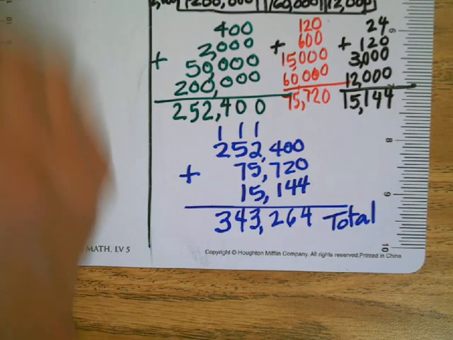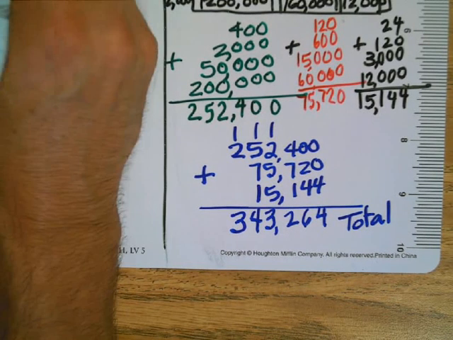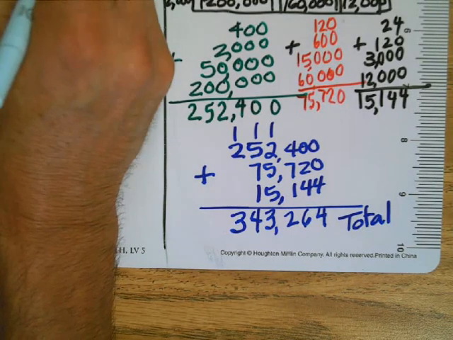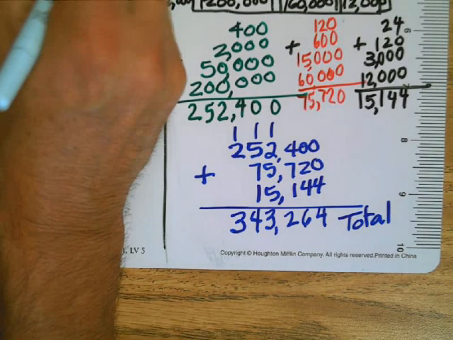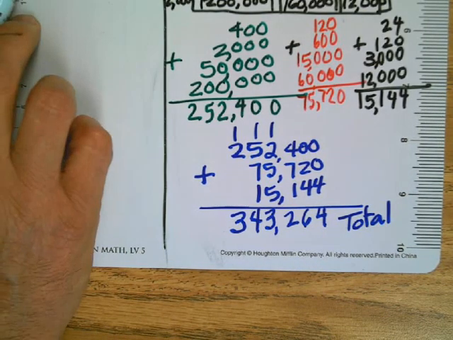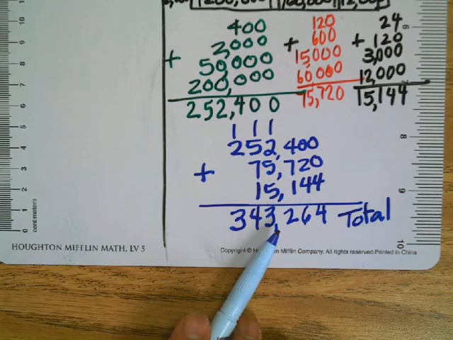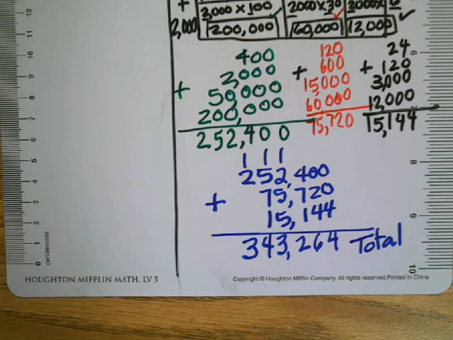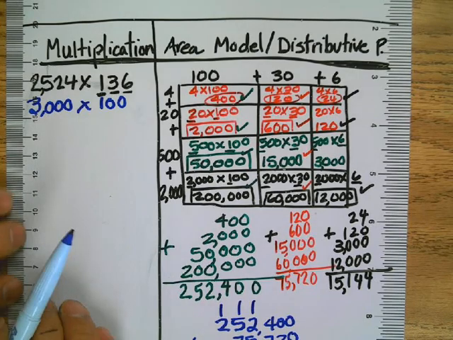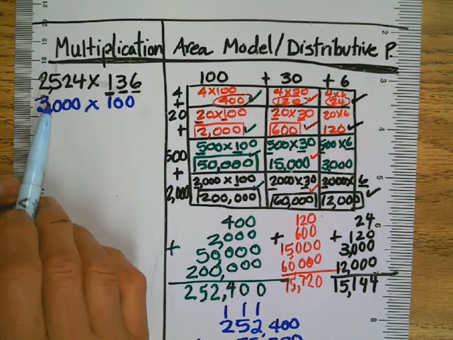I should get a camera that follows my hands. So I was saying that if you round 2,524 to the nearest thousand, that will round to 3,000. And if you round the 136, that will round to 100. If you multiply these two estimated numbers, it should give you a number that is really close to the answer.